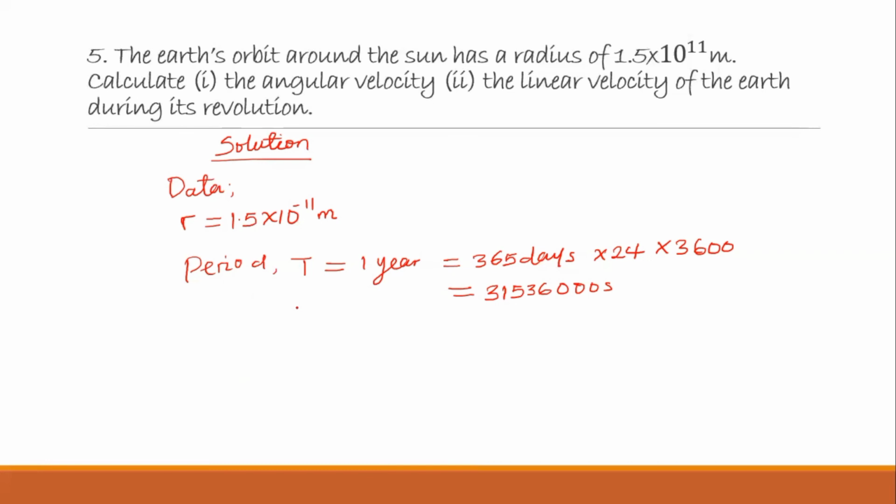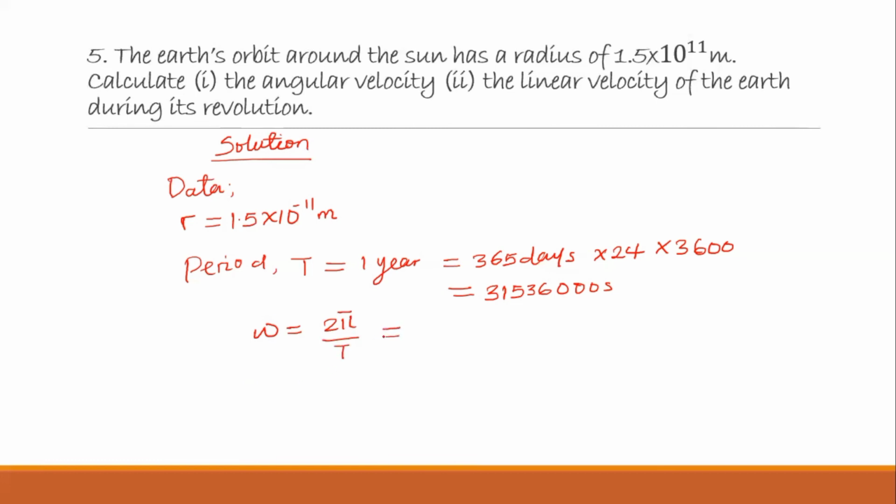So having gotten my period, the relationship between the angular velocity and the period, we have that omega is equal to 2 pi all over T, right?